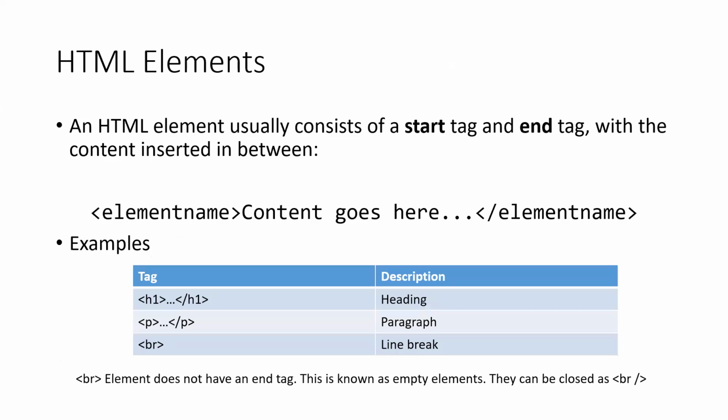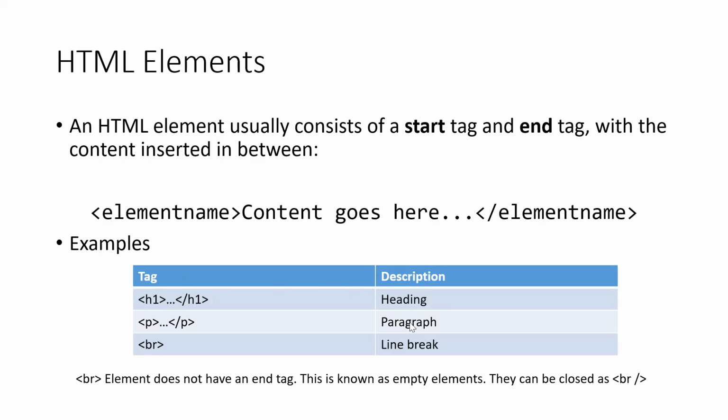Now, looking at the elements, as I already said, in most cases we have a pair of tags: you start with the element and end with the element. For example, there are different heading types. H1 is the largest heading we can have in a web page. The starting tag is H1 and the end tag is /H1.